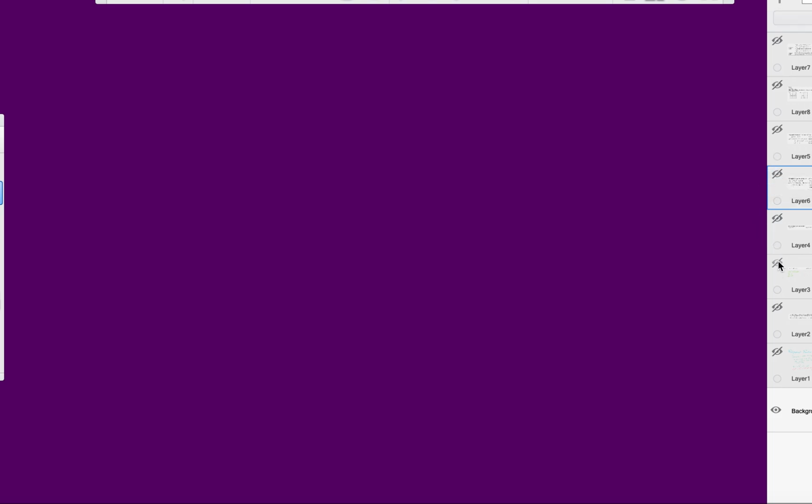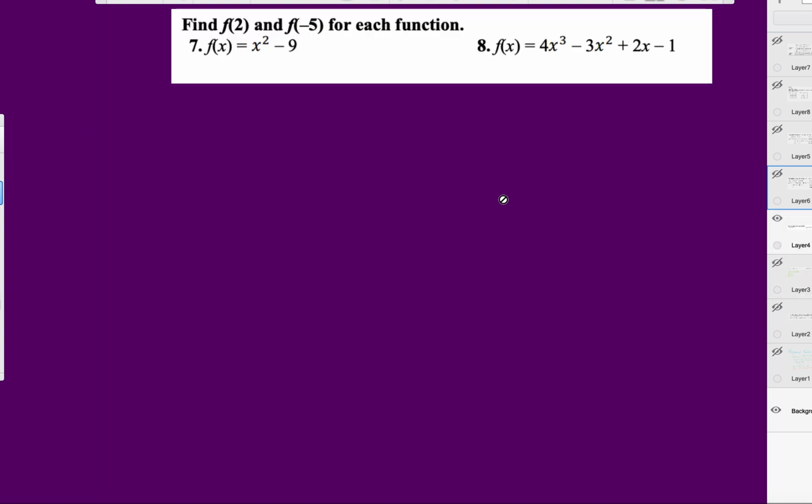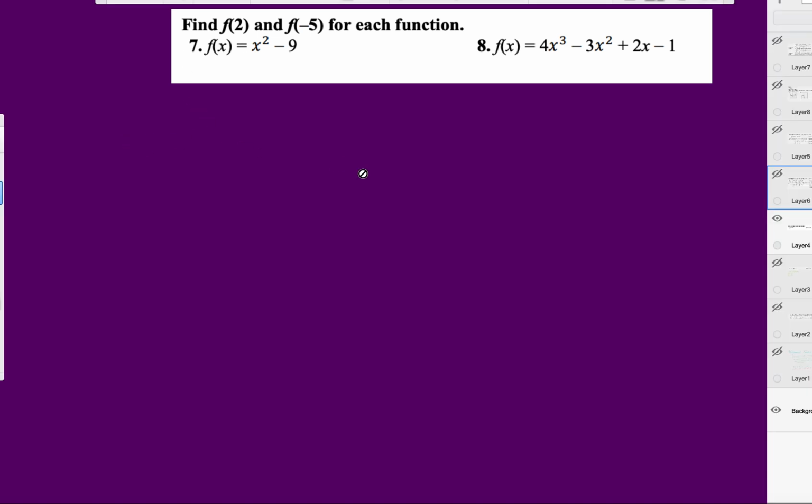I'm going to do something a little bit more difficult in a second. All right, so let's go ahead and evaluate f of 2 for the first one. Actually, f of -5 for the first one. We'll do both, whatever. So this says f of x is x squared minus 9. So let's evaluate if it's f of 2, which means everywhere you see an x, you put in a 2.